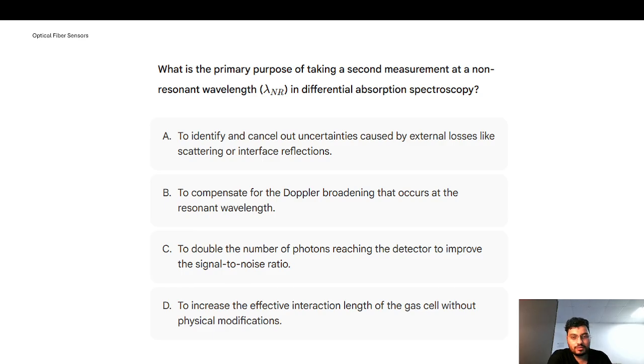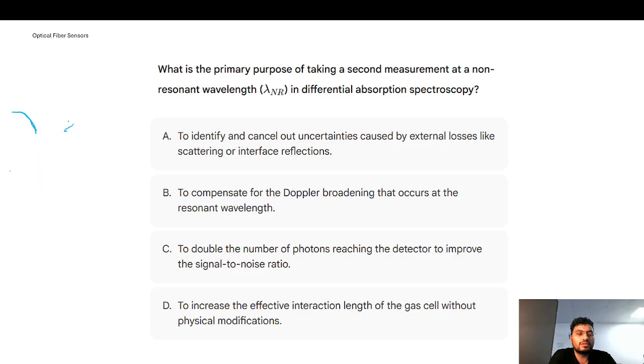Okay, so as we discussed about the non-resonant wavelength, when the absorption is happening, some kind of sloping region is there before the proper absorption, and that sloping region is because of the interaction with dust particles and other reflection or scattering intensity.